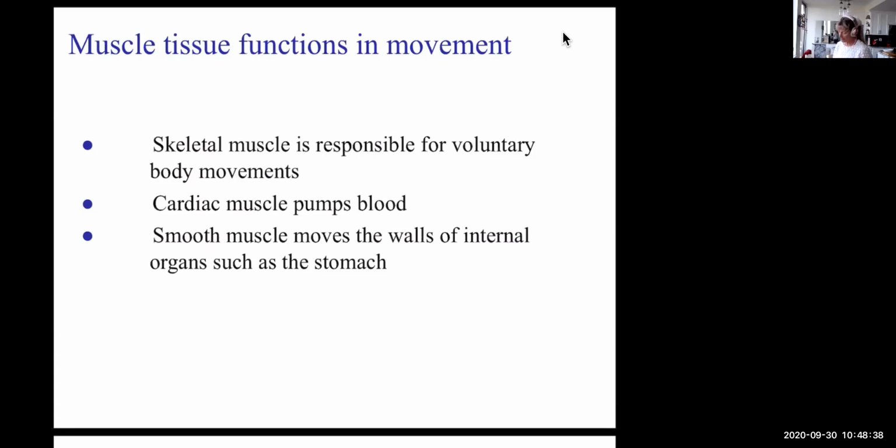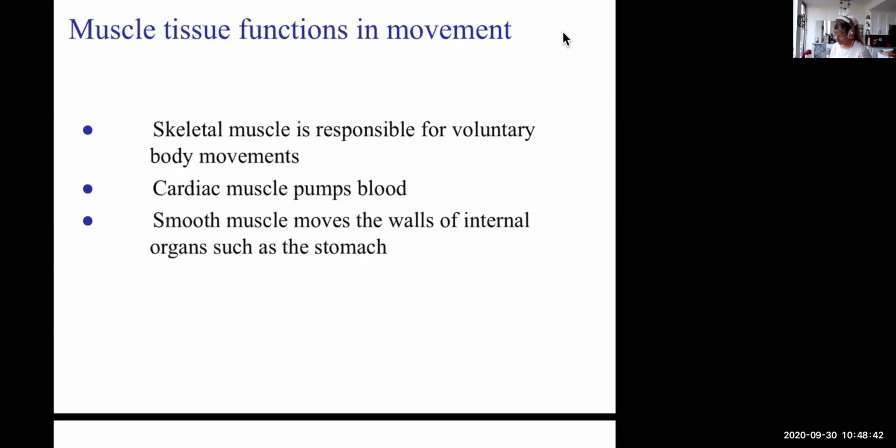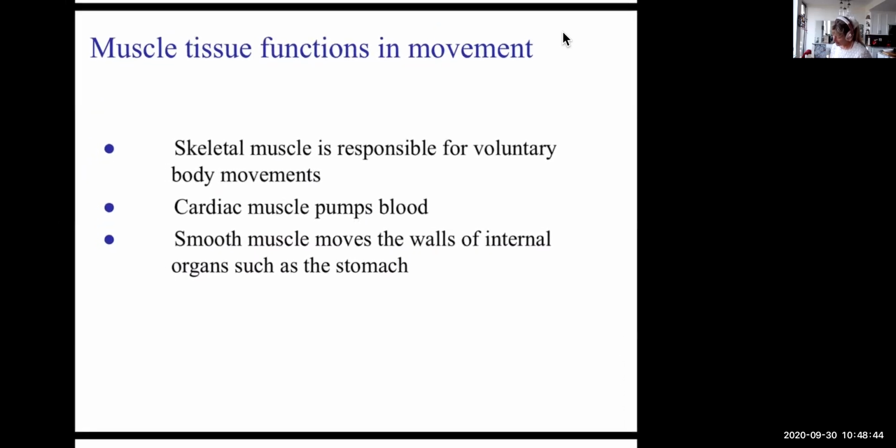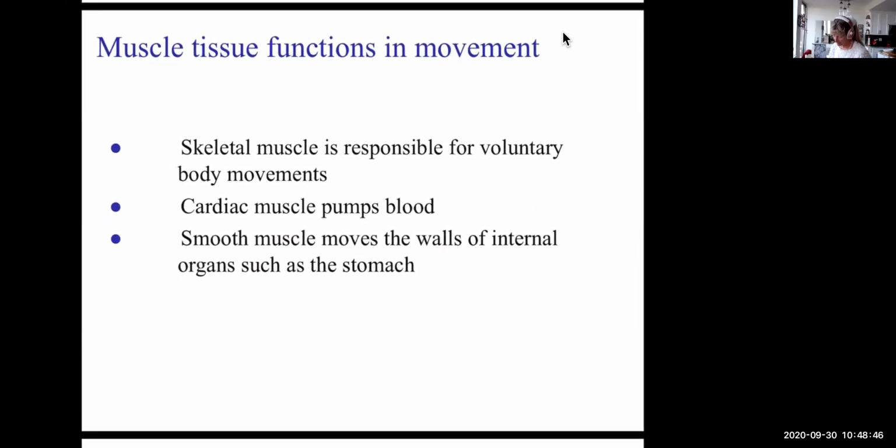So smooth muscle can be circular. So if you have a blood vessel like that, the smooth muscle can be circular around the vessel.